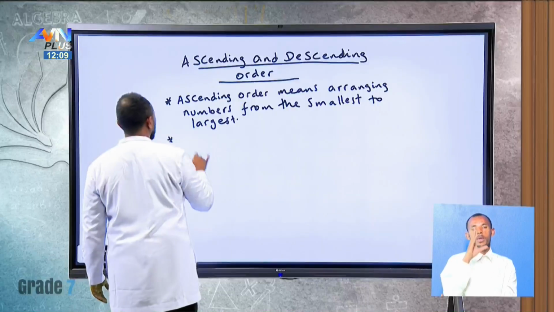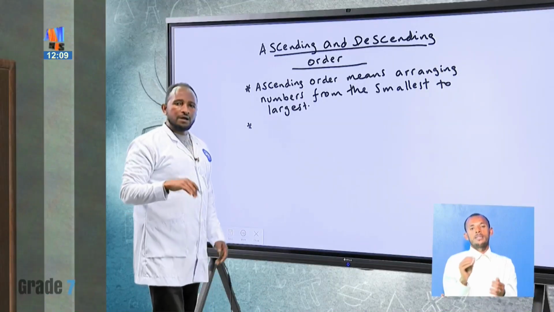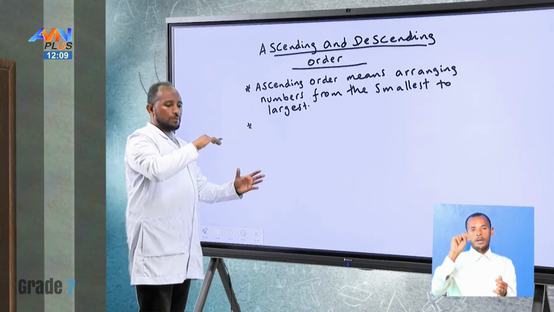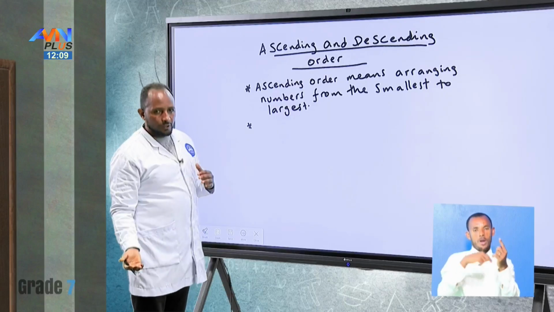And descending order means arranging numbers from the bigger to the smaller, from the largest to the smallest.